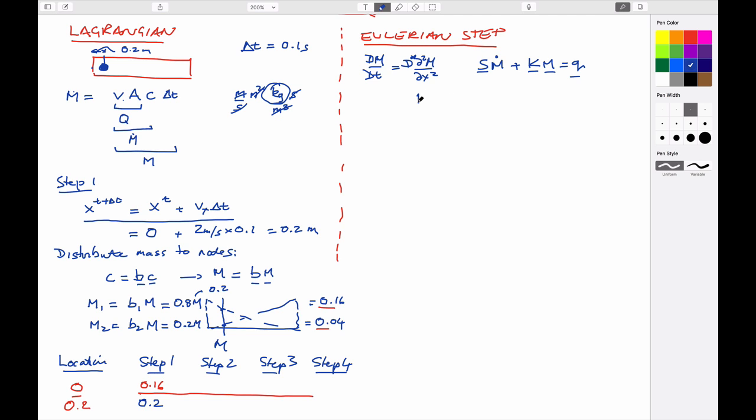We know that the storage matrix is equal to area times length over 2 times [1, 0; 0, 1].